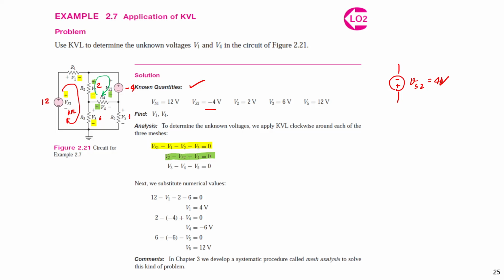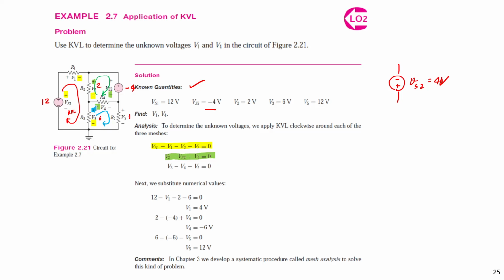Then we can also have loop number 3. Imagine number 3 with this. Okay, like this. So with this loop, V3 is positive, right?